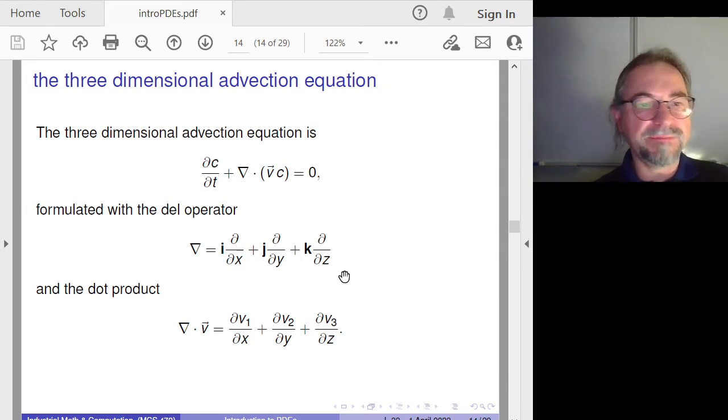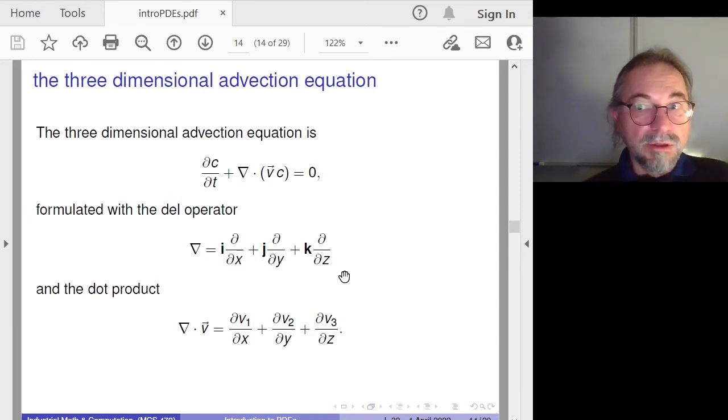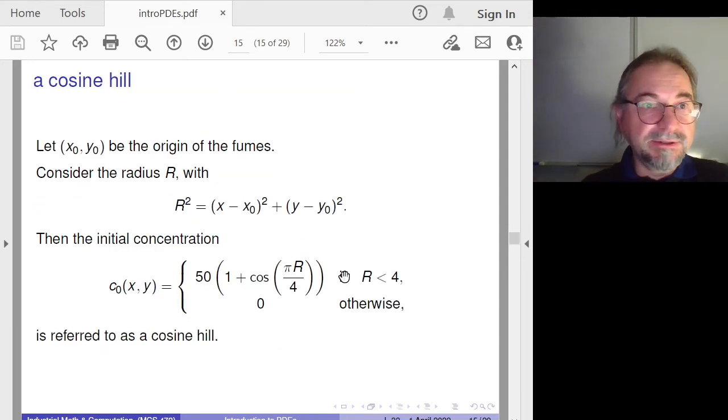So here I have illustrated the dot product on a velocity vector, but we apply this in the 3-dimensional advection equation to the velocity vector multiplied with the components. Good. So this is the 3-dimensional problem.